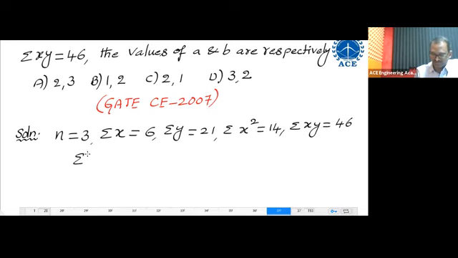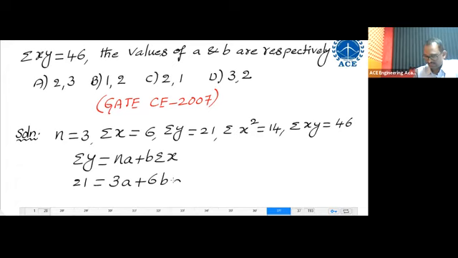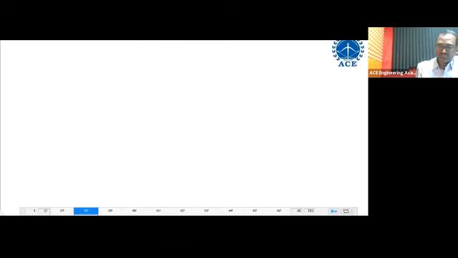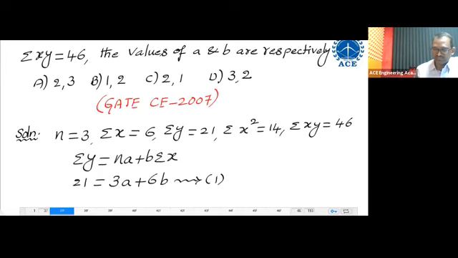First normal equation: sigma y is equal to na plus b sigma x. Sigma y is 21, n means number of points, 3a, sigma x is 6. Second normal equation: sigma xy is equal to a sigma x plus b sigma x square.